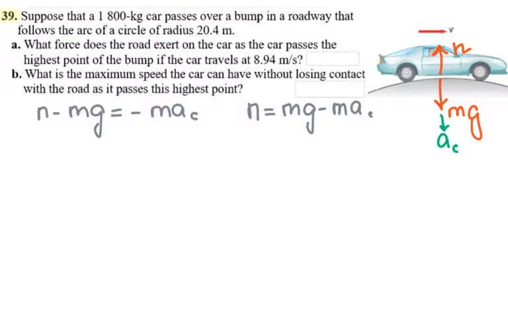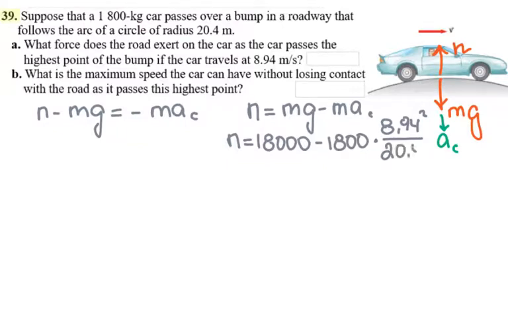So the force that they're asking about is the normal force, equal to the mass of the car, 1800 kilogram, times 10, gives me 18,000, minus 1800 times velocity squared, 8.94 squared, over the radius. They give you 20.4.